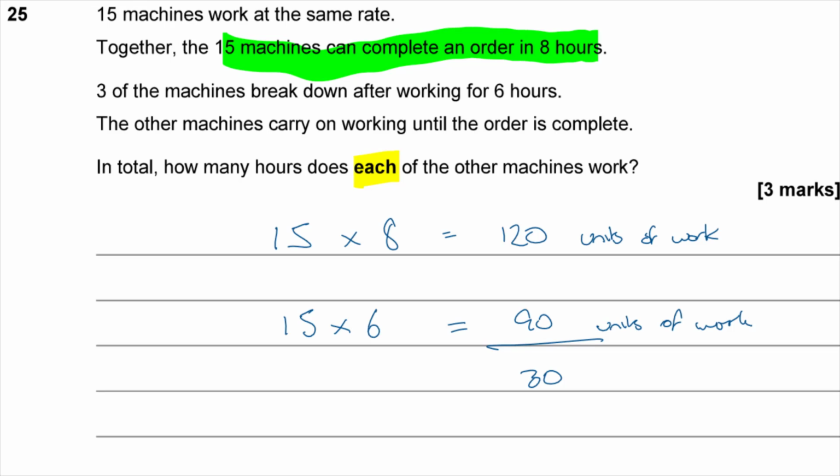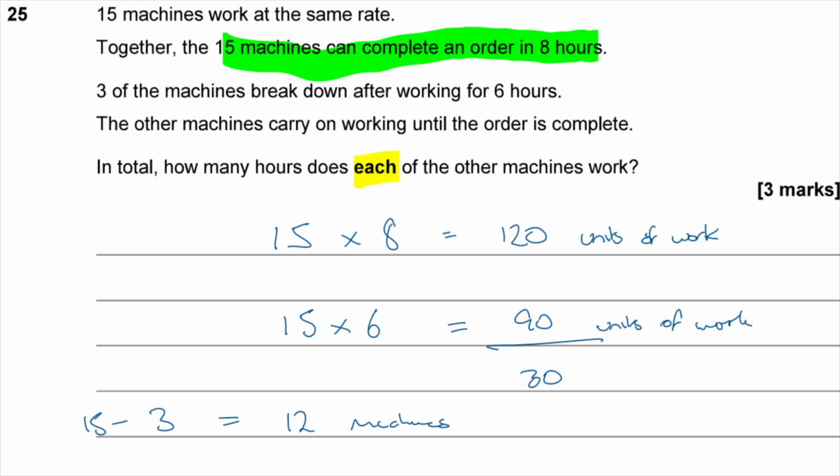Now, of my 15 machines, 3 have broken down, so that leaves me 12 machines. 15 subtract 3 equals 12 machines still functioning, so the other machines carry on working until the order is complete.